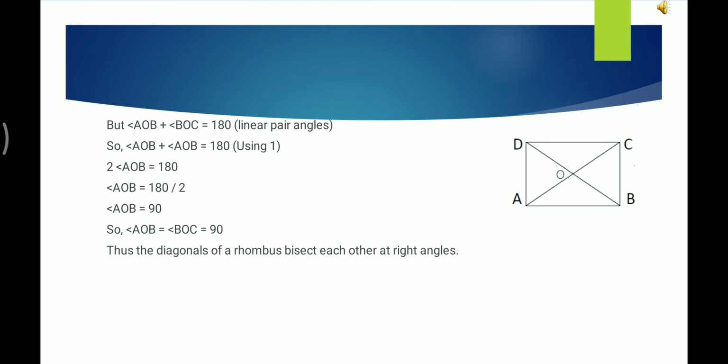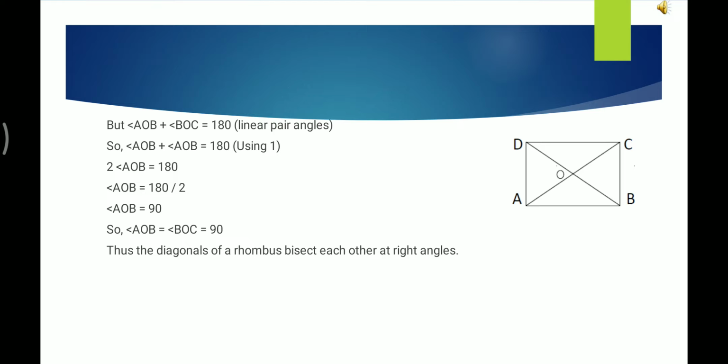So angle AOB plus angle BOC is equal to 180 degree. Angle AOB plus angle AOB is equal to 180 degree. Here in this step I have replaced angle BOC by angle AOB, as angle AOB is equal to angle BOC.